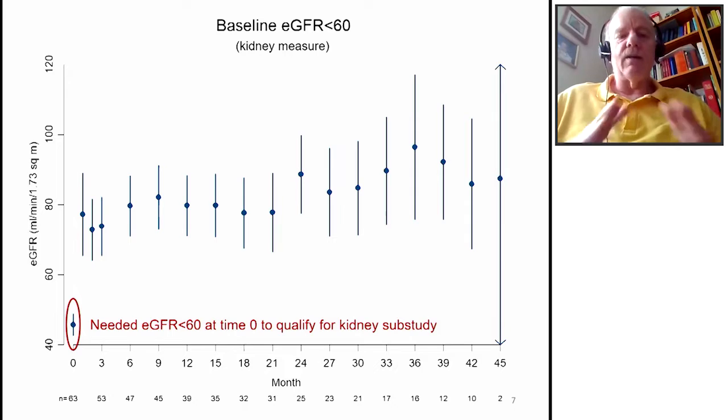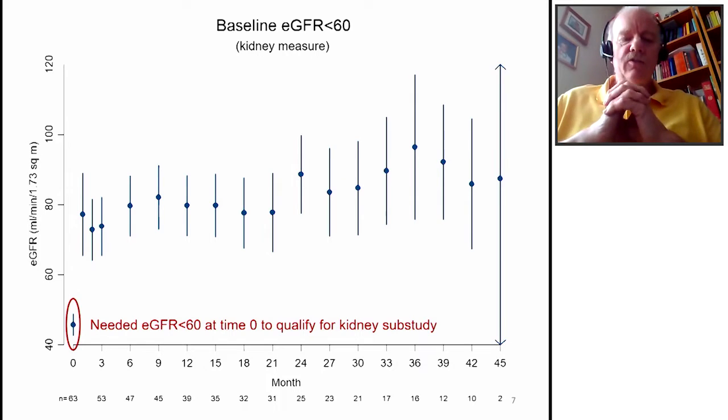But actually, a big reason for what you're seeing here is regression to the mean. If you take people who had to have very low values to get into the study, when you measure them again, they're going to have higher values even without any treatment whatsoever.